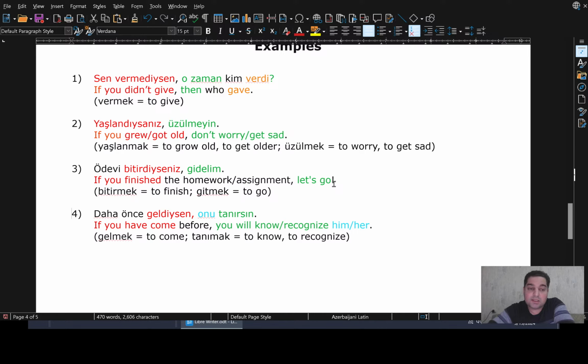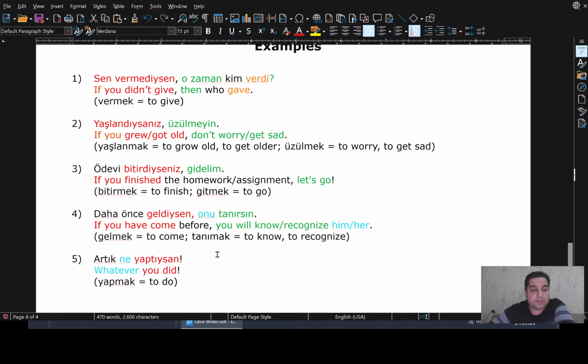So you see here it's about wondering if somebody has already performed a specific action in the past or not. "Daha önce geldiysen", if you have come here before, then you will recognize that person. "Daha önce geldiysen onu tanırsın." "Onu" here is accusative case, of course, right? "Ödevi" here is accusative case. Just to clarify about the noun cases.